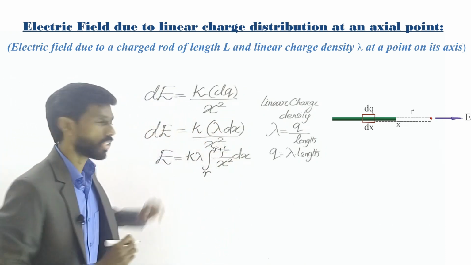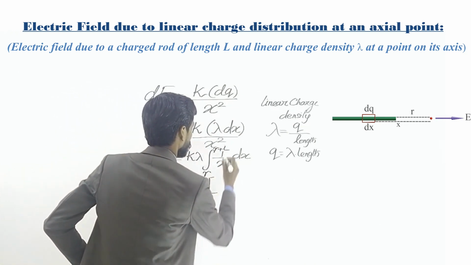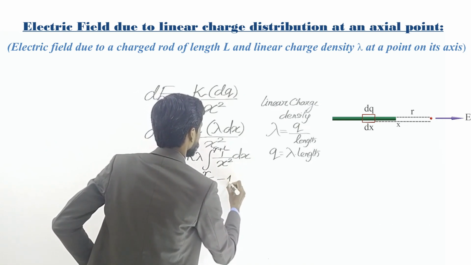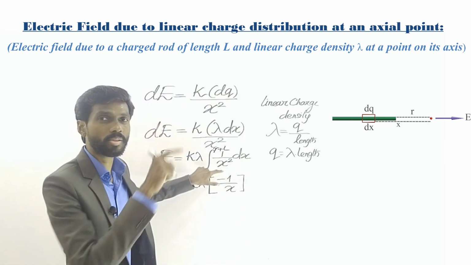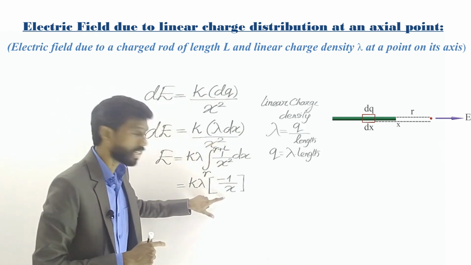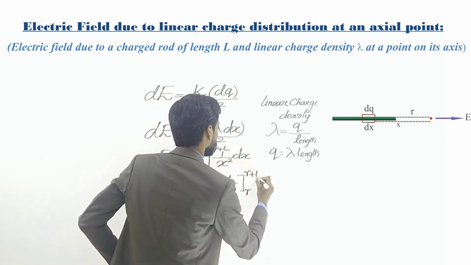So let us do this integration. This is simply k lambda, the integration of 1 by x squared, so that is minus 1 by x. You can also write it as x to the power minus 2, and we can do the integration. Then the limits are r plus l.